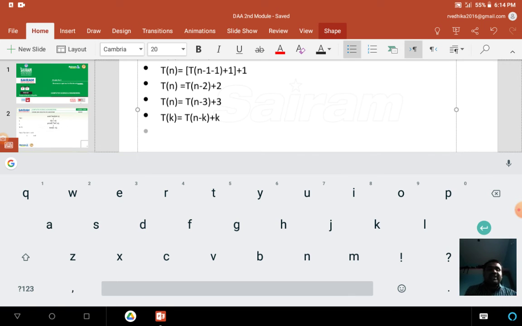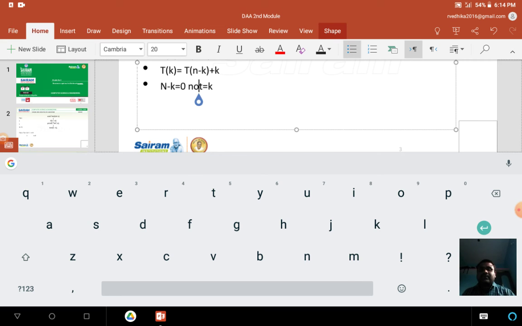At last it will reach n minus 0, so instead of n minus k, I have to put 0. n minus k equal to 0 means n is equal to k.